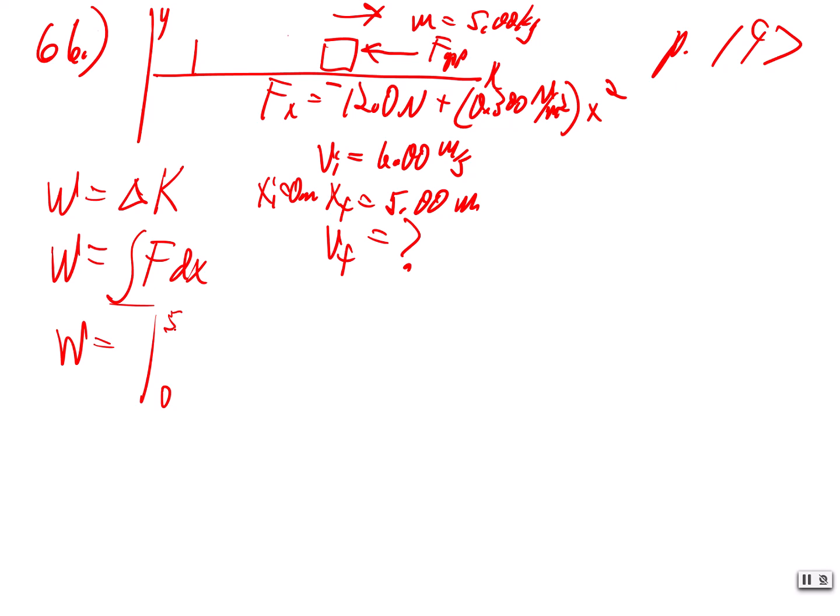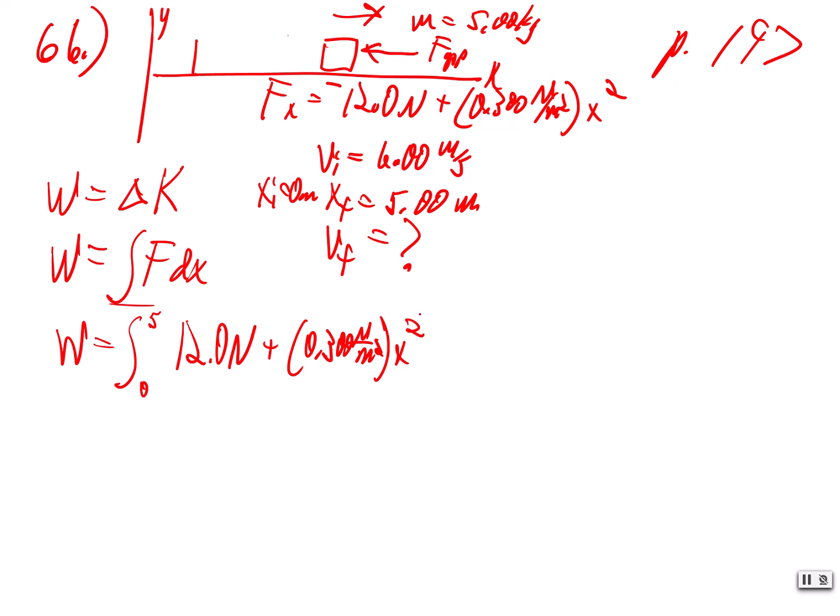We are integrating, well, let me write it this way. From 5 to 0, and that is 12 newtons plus 0.300 newtons per meter squared x squared. So when we integrate this, we've got 5 and 0.